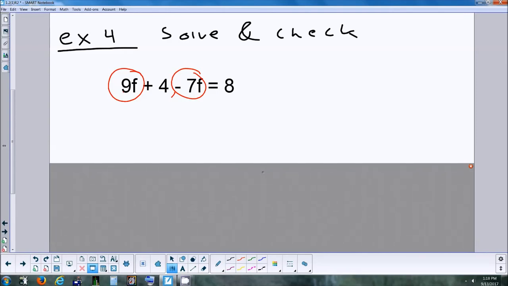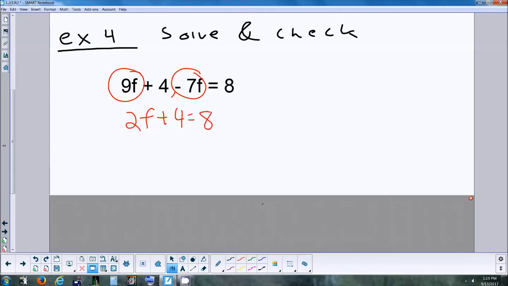So when you do that, what do you get? 2. Good. So should I just write 2? No, I like the number 2. Don't change that. What should I write? 2F, right? Because I'm combining like terms, I've got to keep the F with it. That doesn't disappear. So I've got 2F plus 4 equals 8.